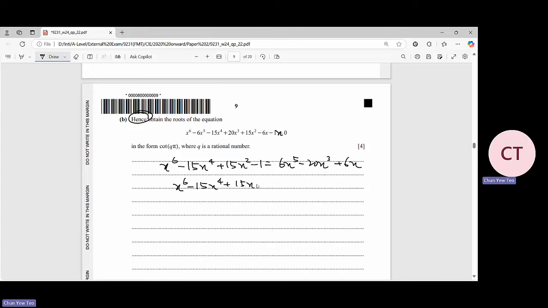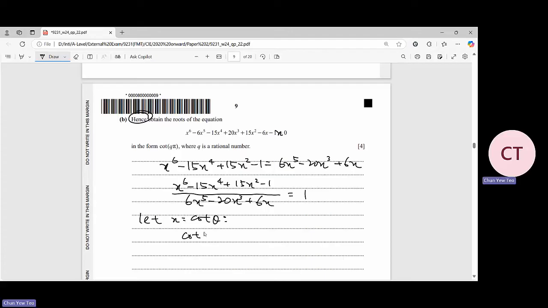Like this. Divide the whole thing, the left hand side by the right hand side, then you get a 1 here. This one will be 6x power 5 minus 20x cubed plus 6x. So we just let x equal to cotangent theta.